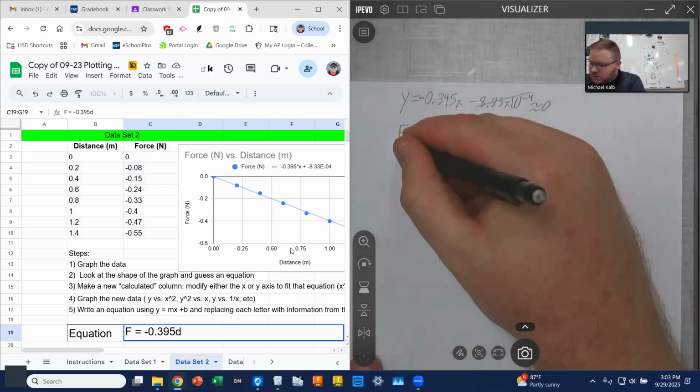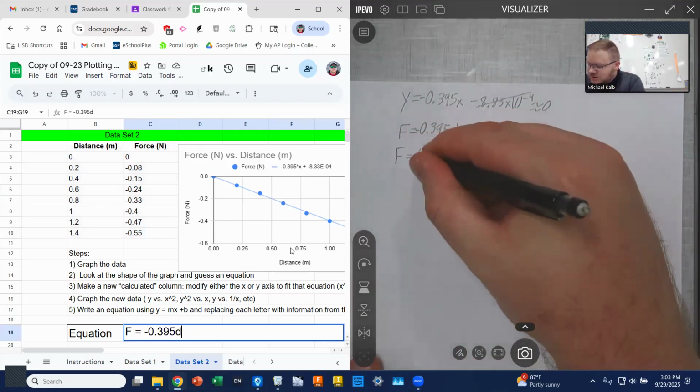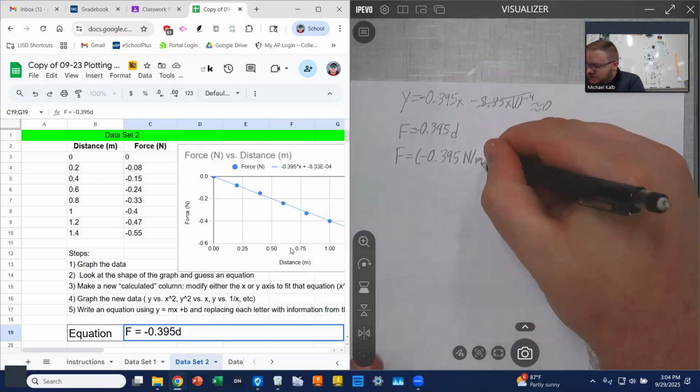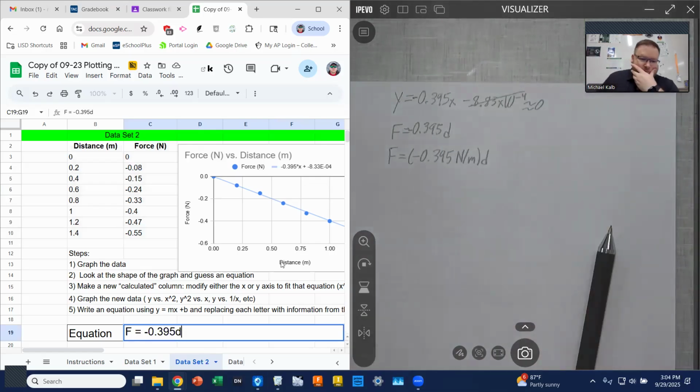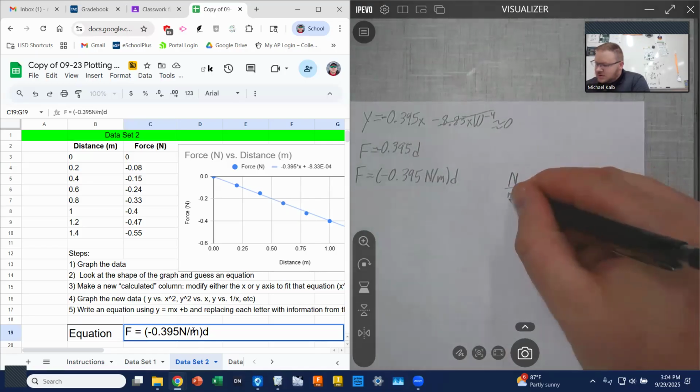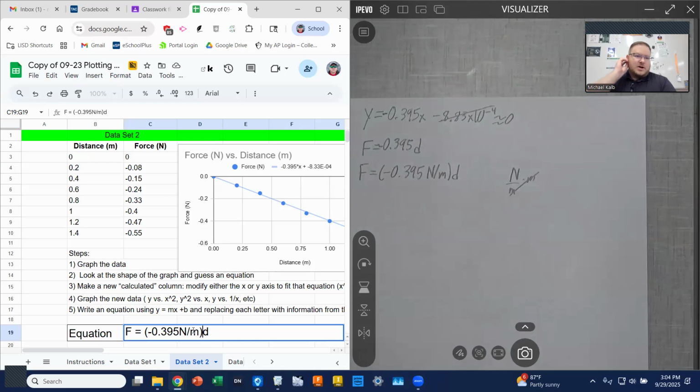So really, we want to say F equals negative 0.395 newtons per meter times D. So then when you multiply that by the units of whatever distance, the meters, you'd have newtons per meter times meters. You get newtons back. All right, so that's already linear.